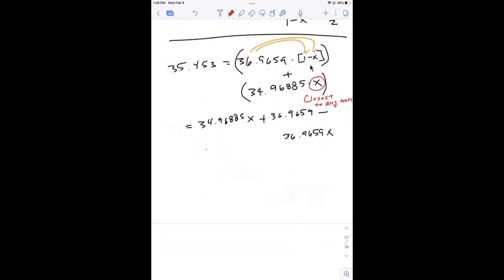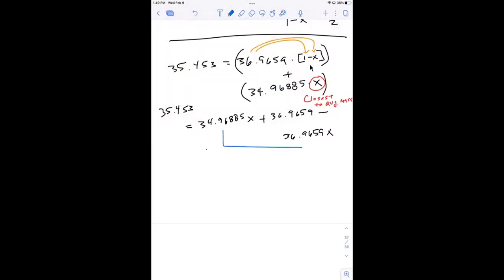Yes, sir. All right. And this is equal to 35.453. And again, this setup is ubiquitous. Once you learn how to set this up, you can set it up for any element that has two isotopes where you want to solve for the fractions if you have the masses. All right. So now we can combine the x terms.